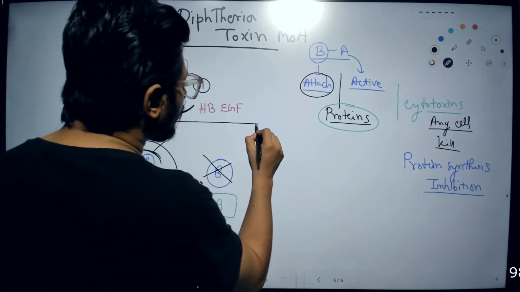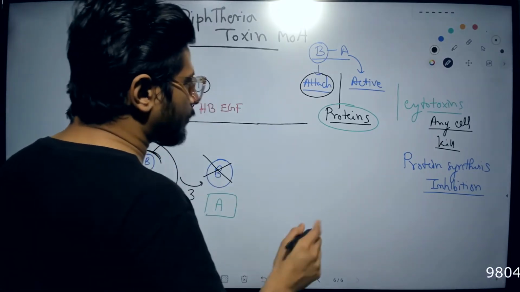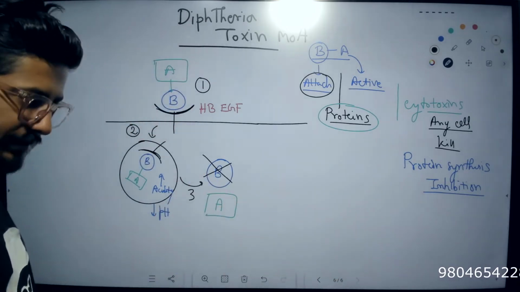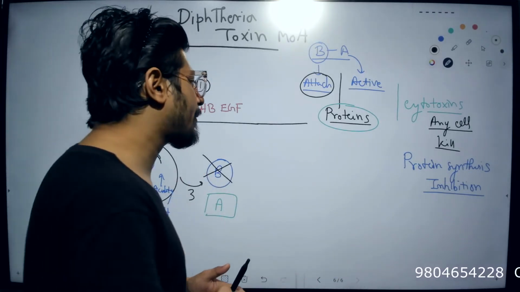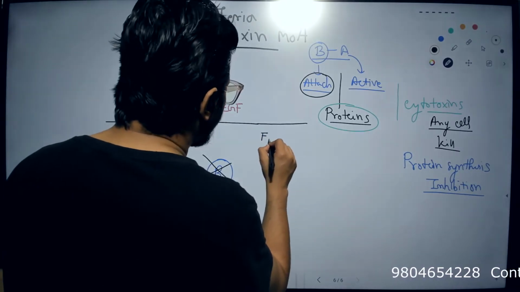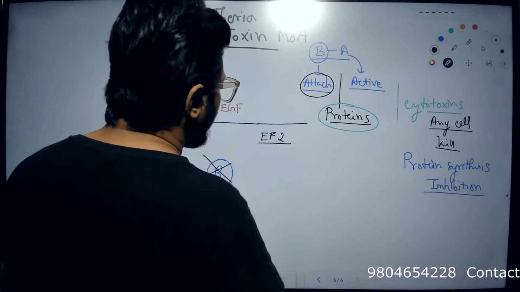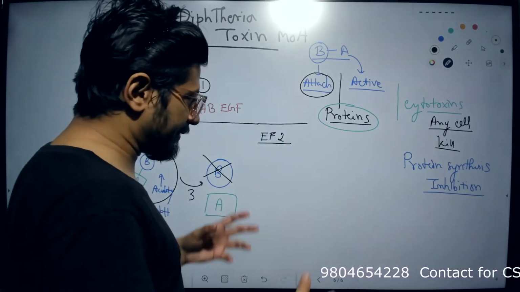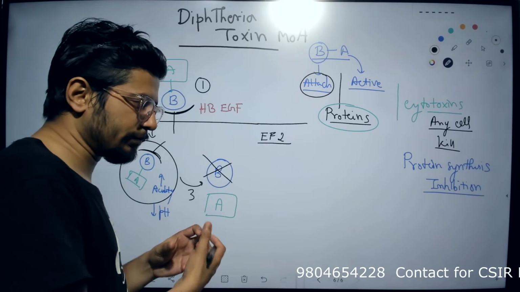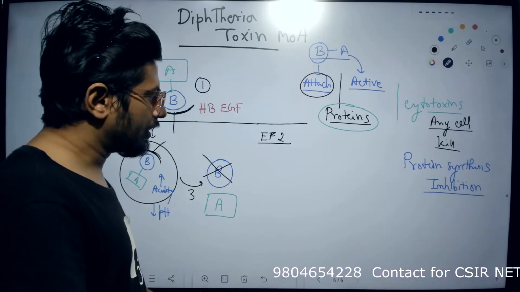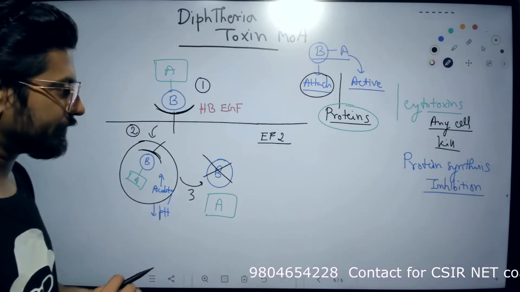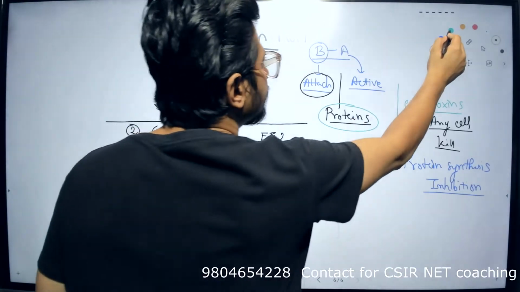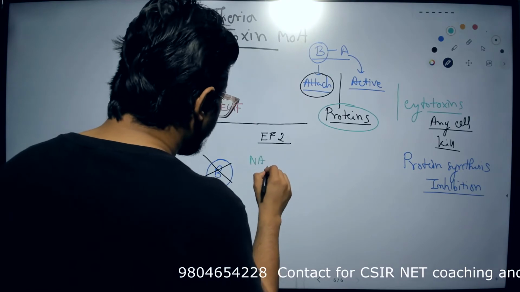And we know in the eukaryotic cell, in the protein synthesis process, there are initiation factors, elongation factors, and termination release factors involved. One such factor is elongation factor 2. Elongation factor 2 is very important for the elongation of protein synthesis, meaning stitching of the amino acid sequences to make the polypeptide sequence. What the A subunit of the diphtheria toxin does is this: there is NAD plus inside the cell.